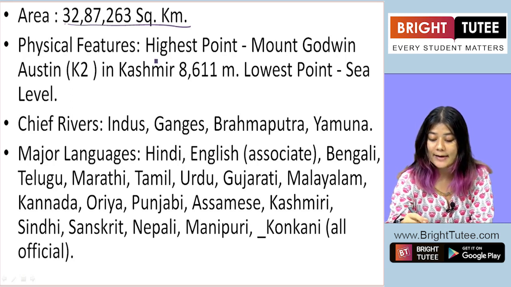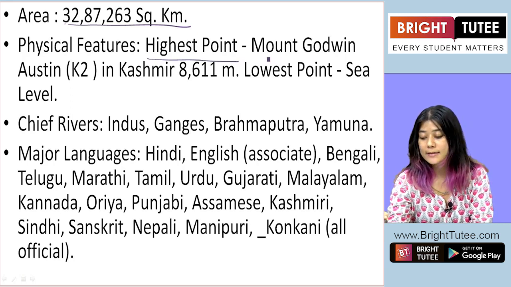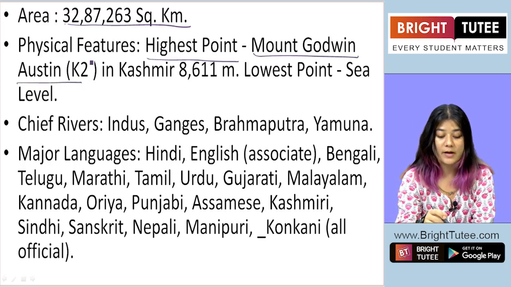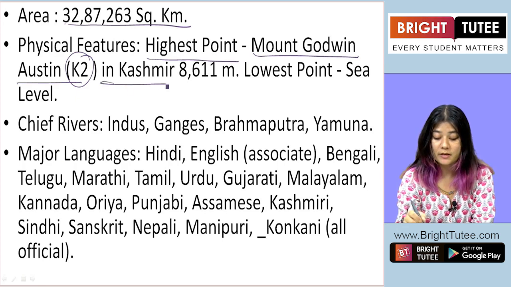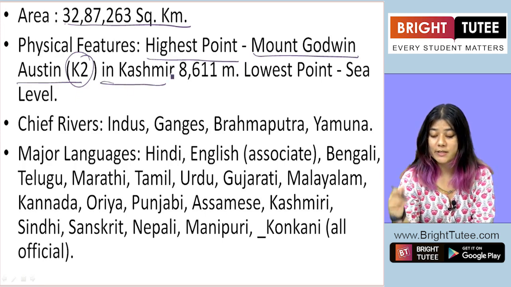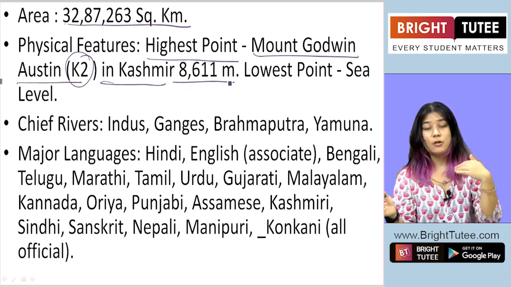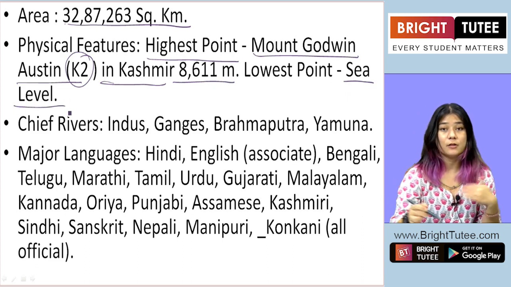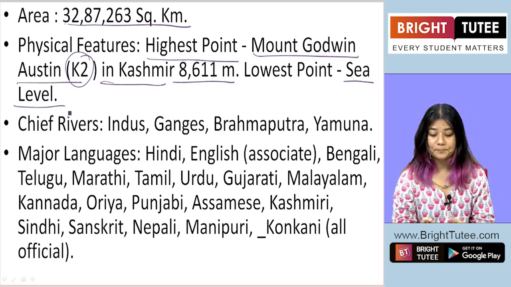So the highest point in India is Mount Godwin Austen. It's also known as K2 and it's located in Kashmir. The height of this mountain is 8,611 meters.